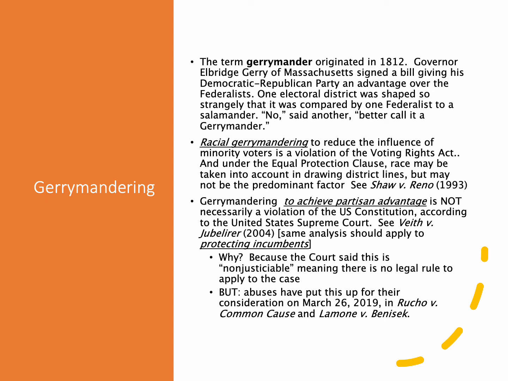The two practices that are at stake here are sometimes called packing and cracking. What that means is you draw the lines so that, for example, let's take African American voters as an example, you create districts that are 90 or 95% African American, but you have a lot of districts that are, let's say, 51% white. If you do it that way, you can end up with the group that has a sufficient majority winning a lot more seats than the ones who have been packed into huge groups.